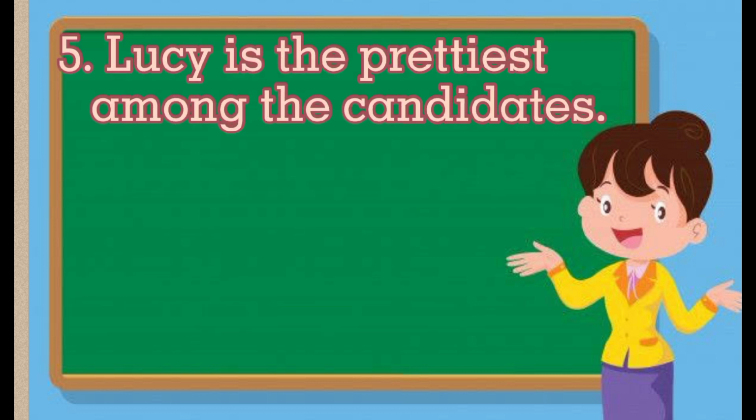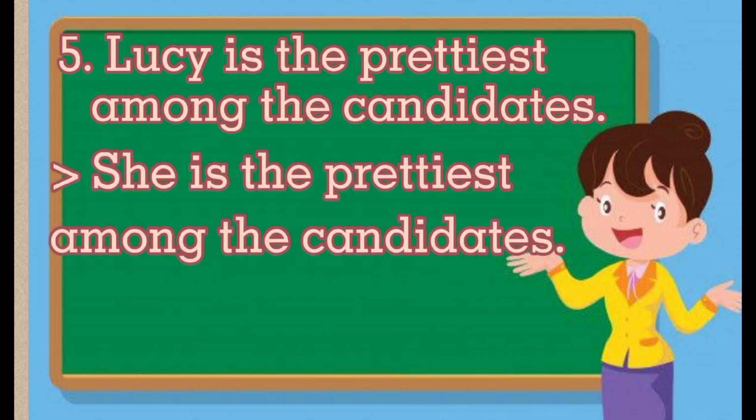It still functioned as a subjective pronoun. Next, we have: Lucy is the prettiest among the candidates. Again, as you can see, our subject in the given sentence is Lucy, which is still a noun, and she is a girl subject, so we have to replace it with a personal pronoun, she, that's for girl subjects.